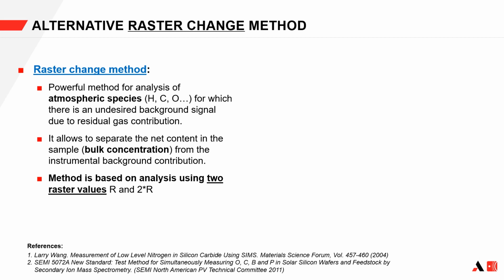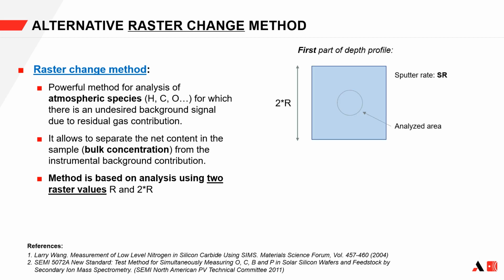This method is based on analysis using two different raster sizes, R and 2R. Look at this figure. First part of depth profiling will be running with the bigger raster size, so 2R, with a given sputtering rate.